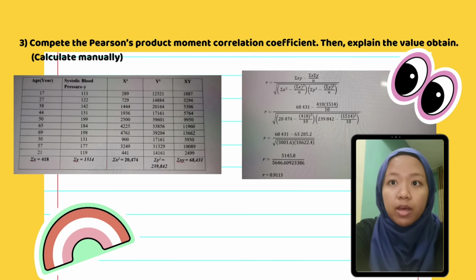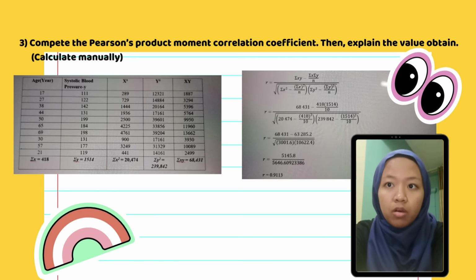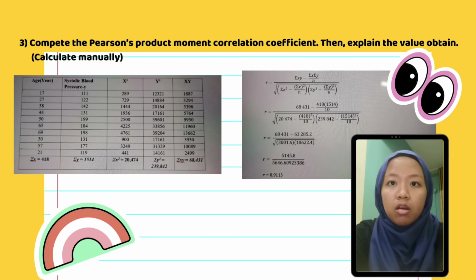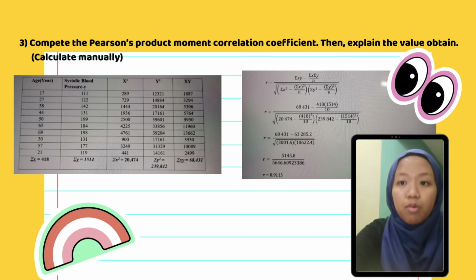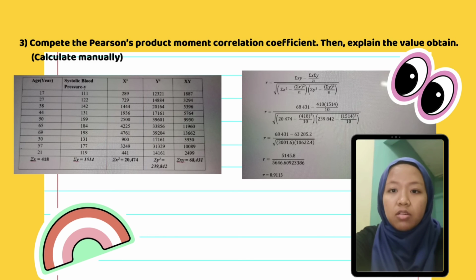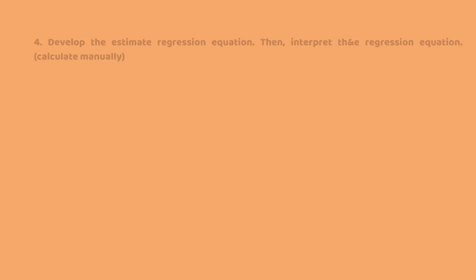Lastly, the sum of XY is 68,431. After calculation according to the Pearson product moment method, we obtain r equal to 0.9113. There is a very strong positive correlation of 0.9113 between X and Y.